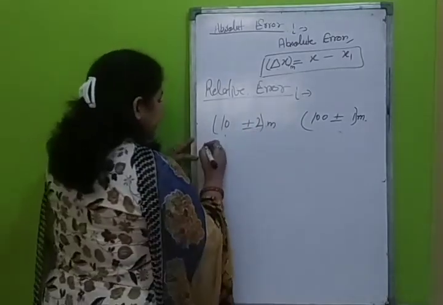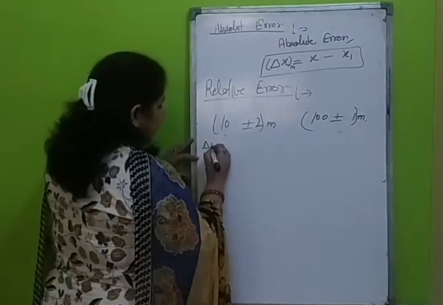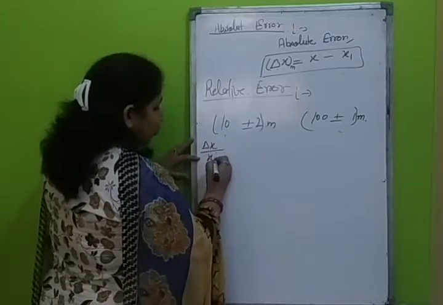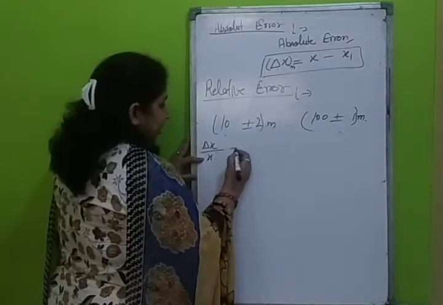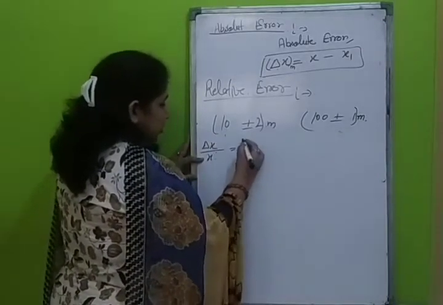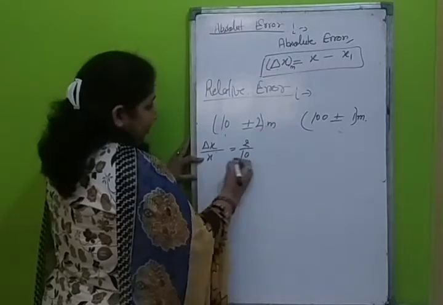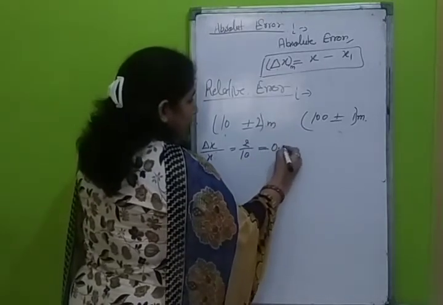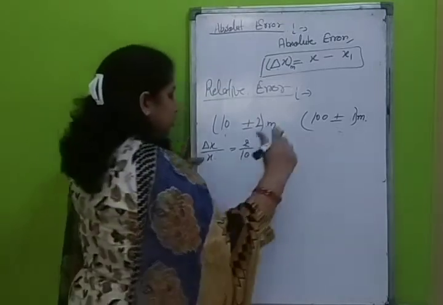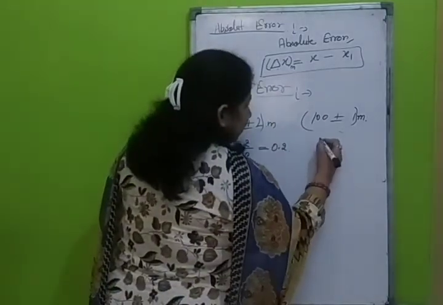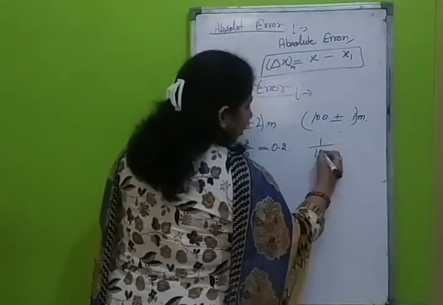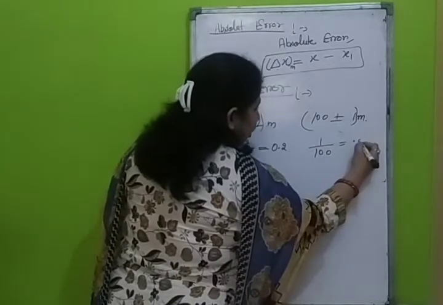This is called relative error, means error upon net amount. Net amount is 10, error is 2. This is called relative error. That is 0.2. Next, this is 1 upon 100, which is 0.01.